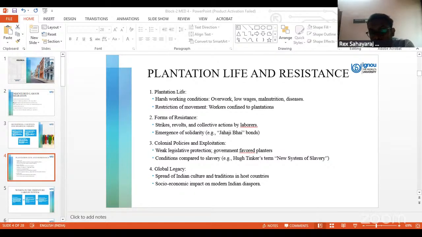So due to the dominance of the planters, there was a lot of legislation through which they were able to control their employees or laborers.